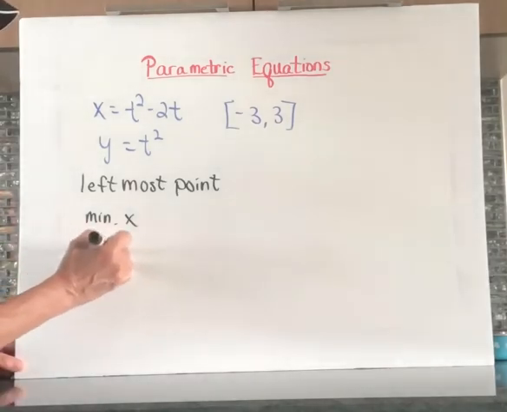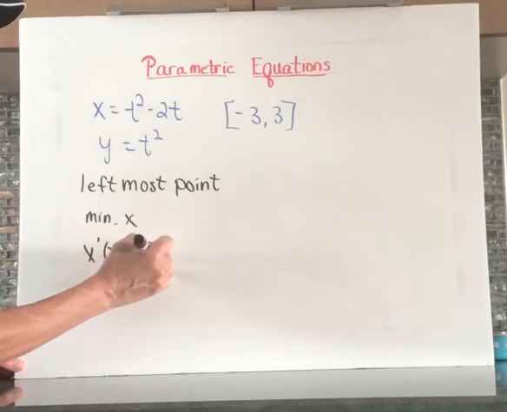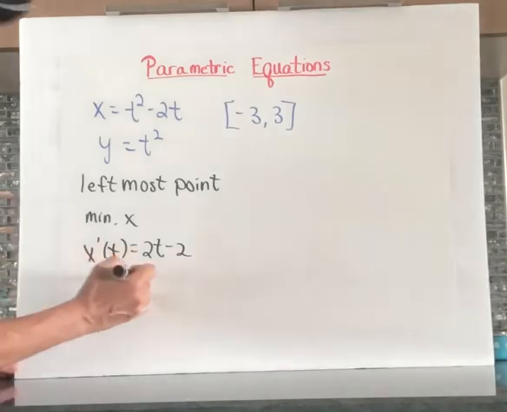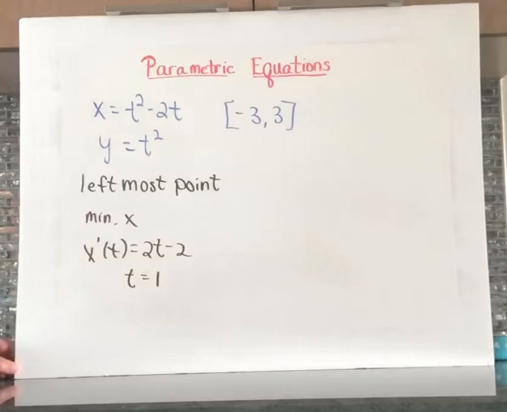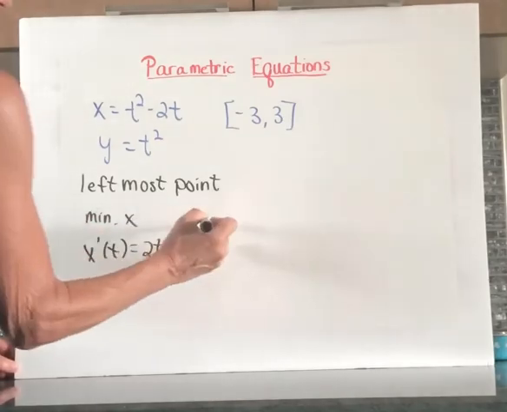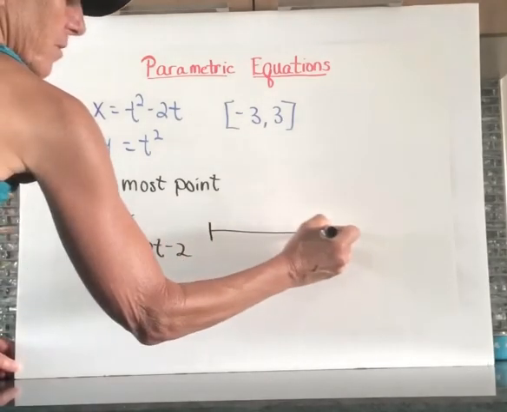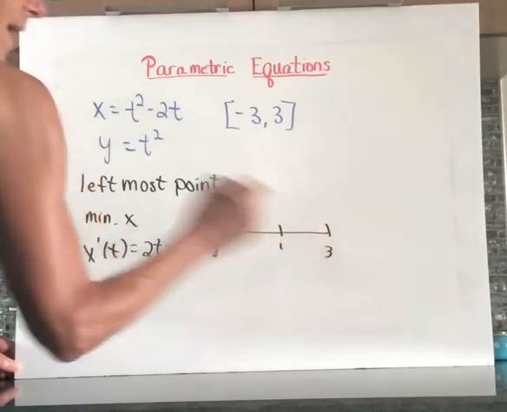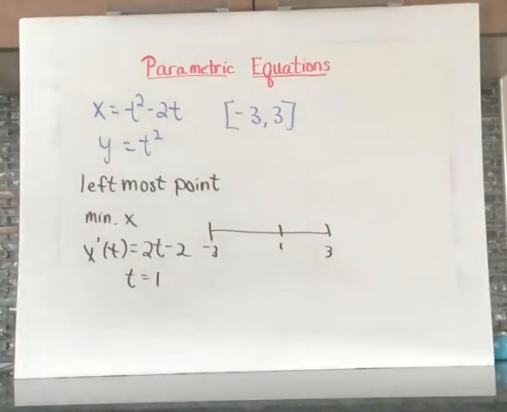x prime of t is equal to 2t minus 2. There's my derivative. Set it equal to 0, and our critical point is t equal to 1. Okay, sign chart. We have the ends -3 and 3, and we have the number 1 here.